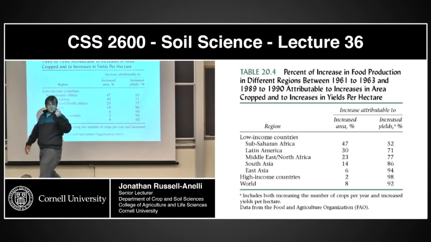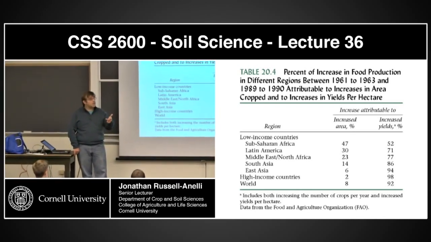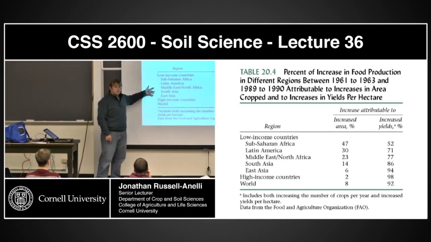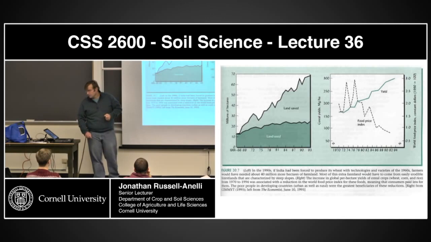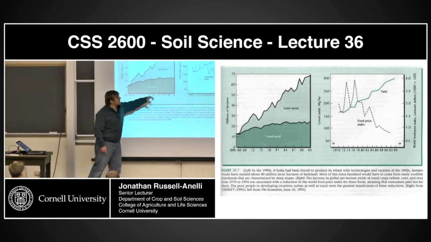Okay, so we got population, we have land degradation, and we have this issue of what you're growing. This chart right here is looking at India. This is the entire world, but this is India.